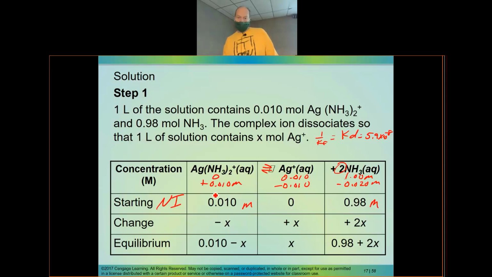And again, when you have a starting concentration of a reactant and a starting concentration of a product, the initial and the equilibrium will be the same number. So you will neglect the minus x, you will neglect the plus 2x. You do not have to change it.